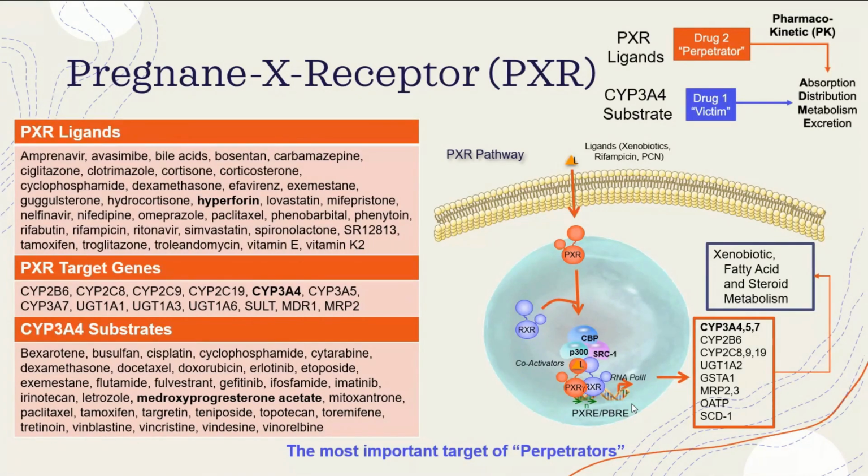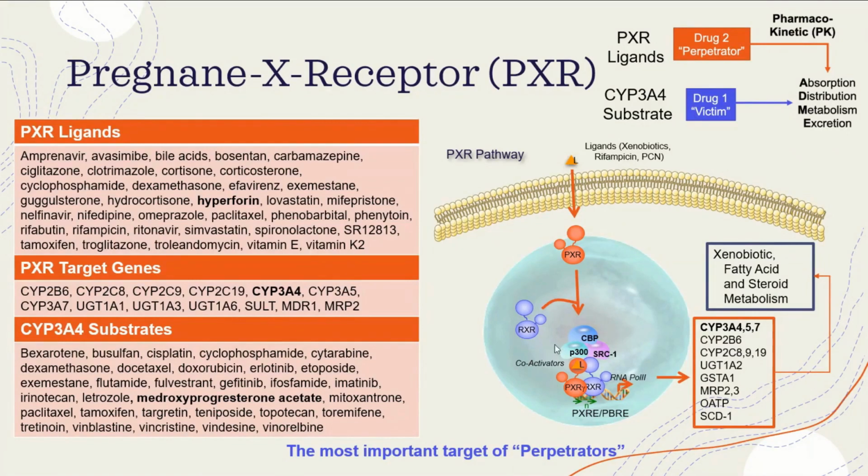And this is key. The genes that are regulated by PXR are an alphabet soup of the phase 1, phase 2, and phase 3 drug metabolism enzymes. So the CYP3A, CYP2C family, all of the different transporters that are coordinately helping get rid of lipophilic xenobiotics.